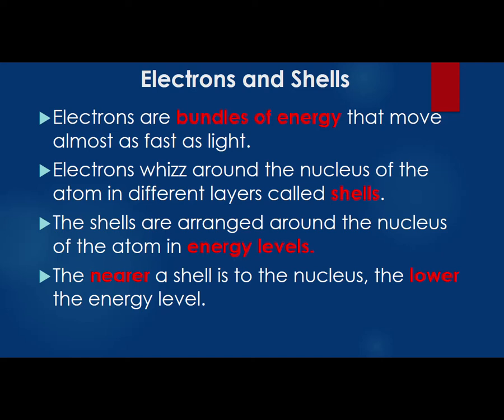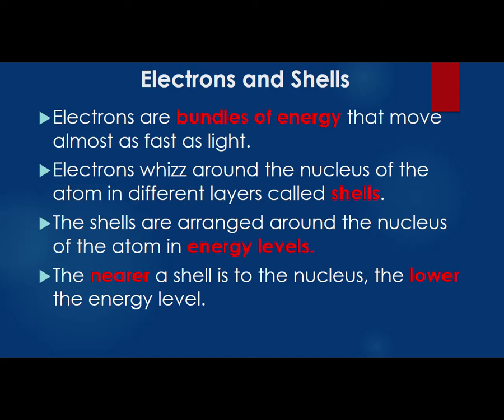They have a very fast speed, and they are not the same as the planets and the sun. So electrons are bundles of energy that move almost as fast as light, and you cannot imagine the movement or track of the electrons when they move around the nucleus.